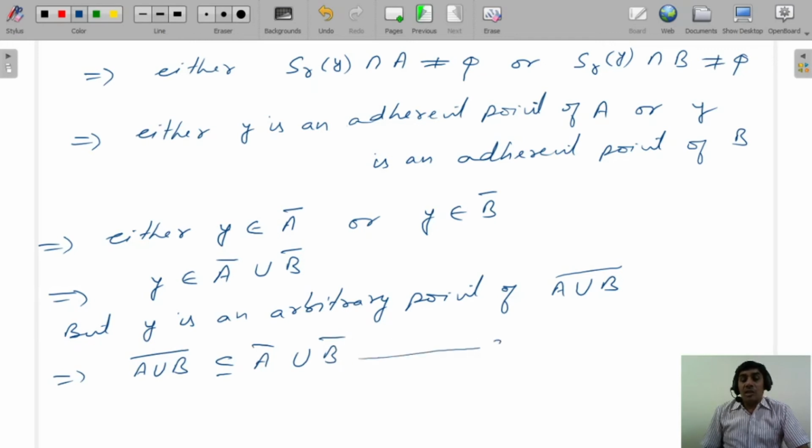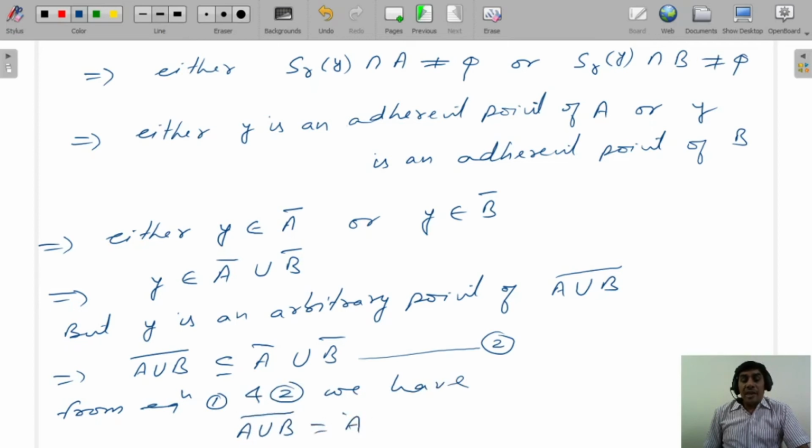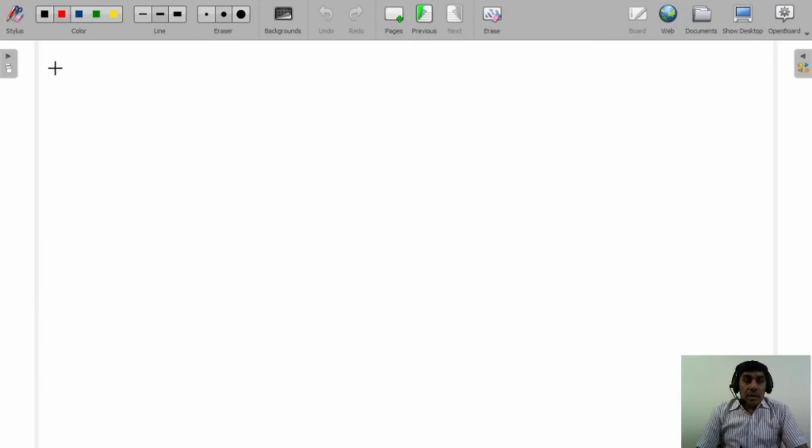Put it equation number 2. From equation 1 and 2, we have closure of A union B is equal to A closure union B closure, where A and B are any two subsets of a metric space (X, d). Next theorem.